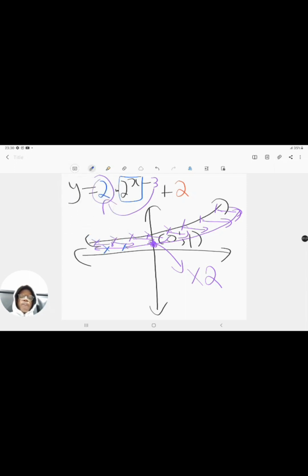So all of these y values that make up this purple graph are going to be multiplied by 2. Since all the y values are being multiplied by 2, they are going to go up by a factor of 2. Now, I don't know exactly where they're going to go. They might go above the original black graph, or they might not.